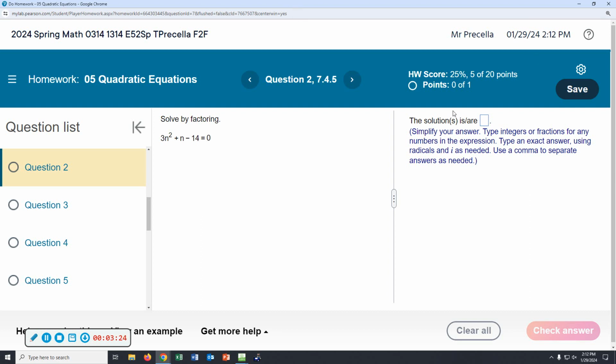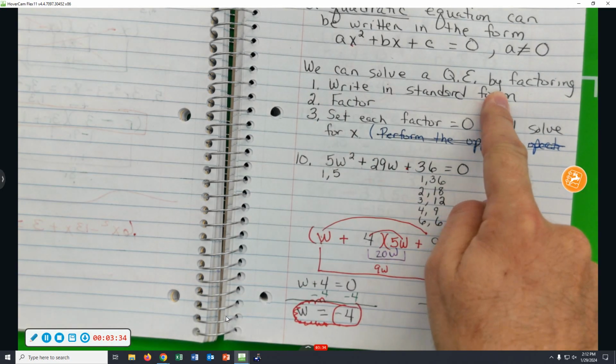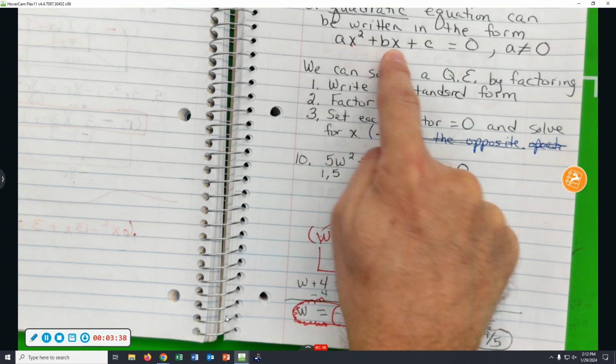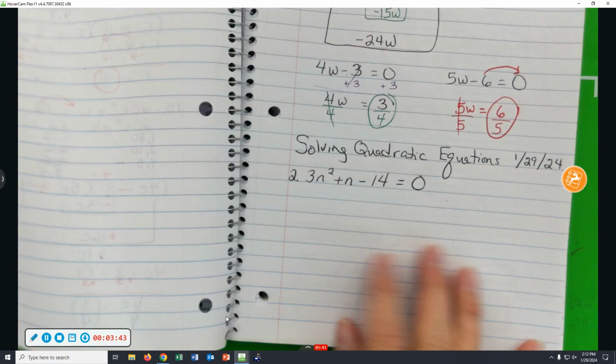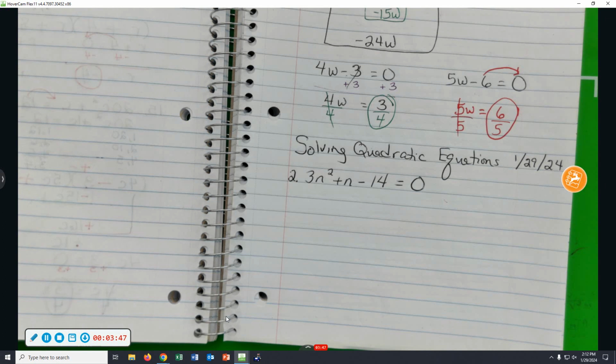Well, we said in order to solve an equation by factoring, it has to be in standard form. Standard form has the n squared, n, constant equals 0. Is our equation in standard form? Yeah. So the next thing we'll do is factor it.